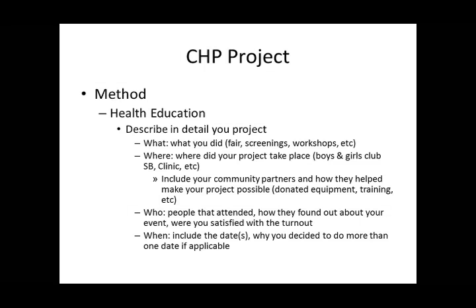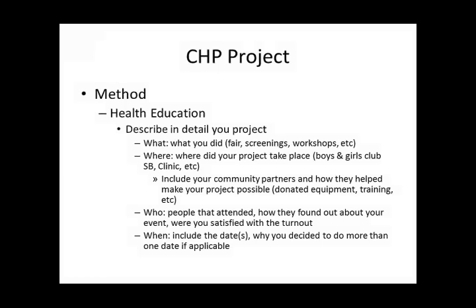How did your community partners help you to make the project possible? So you can say the project took place at the Boys and Girls Club. They provided the space and donated some of their equipment, and we provided a workshop on nutrition and physical activity for elementary school kids.